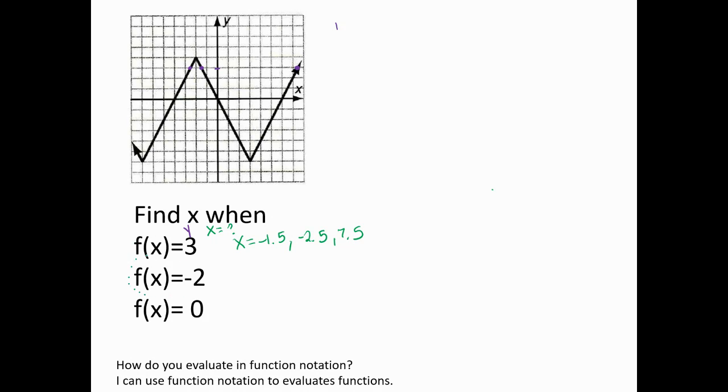All right, now we're going to do when our y is at -2. So when y is -2, what is our x? We're going to go to -2 on our y, -1, -2, and we're going to put all the dots that are at -2.